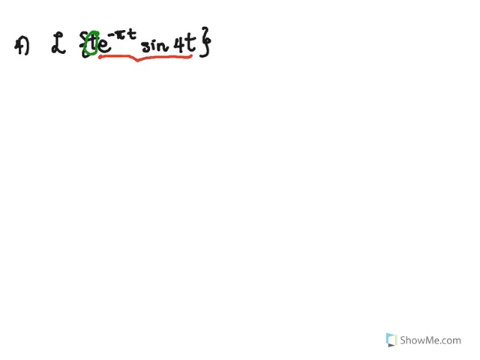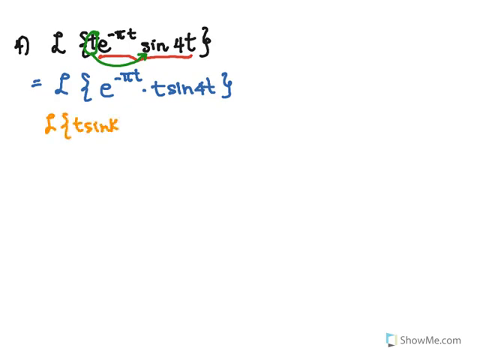You can rearrange such that this goes with your f of t. Rewriting, this is Laplace of e to the negative pi t times t sine of 4t. And we know that the Laplace transform of t sine kt is of the form 2ks over s squared plus k squared, quantity squared.